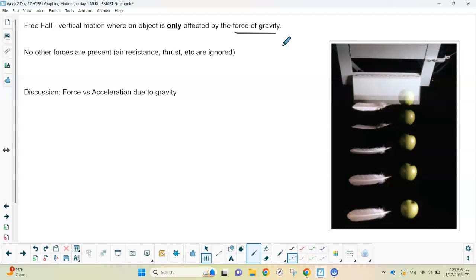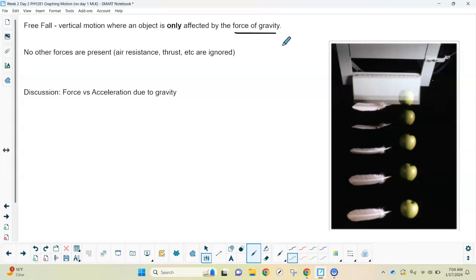So one thing that we need to briefly discuss is the force of gravity versus the acceleration due to gravity. Those are two different things. The force of gravity is the pull of the Earth on a mass. So it's the attraction between masses, and what we commonly refer to as the force of gravity on Earth is the weight of an object.